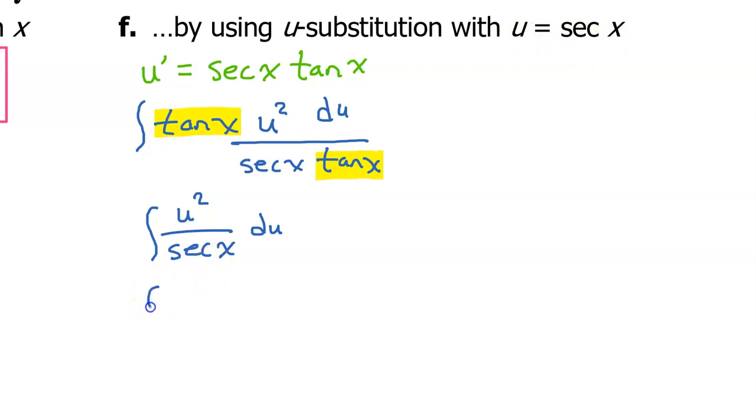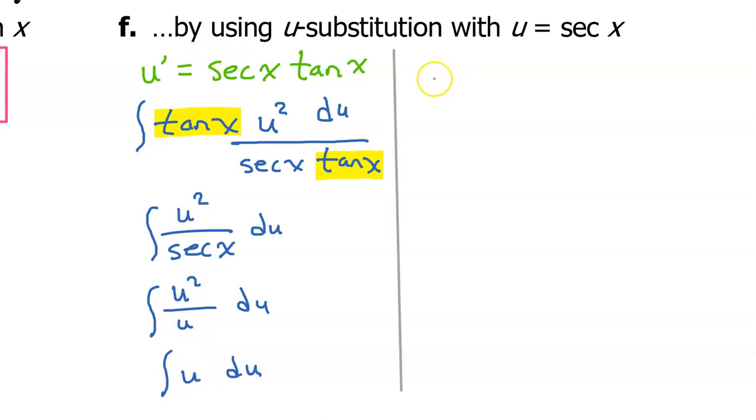So then I have the integral of u squared over u du. Of course, u squared divided by u is just u. Looking very familiar. Using the power rule of integration, we get 1/2 u squared plus c.